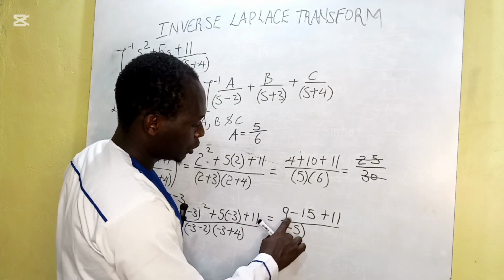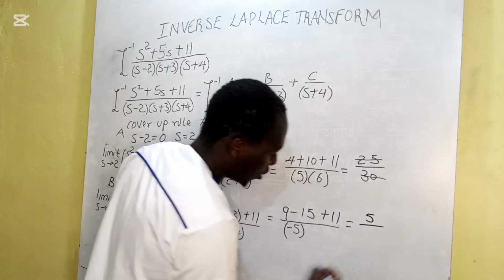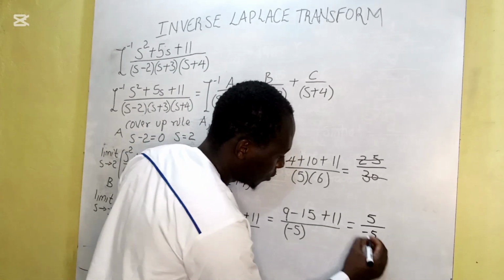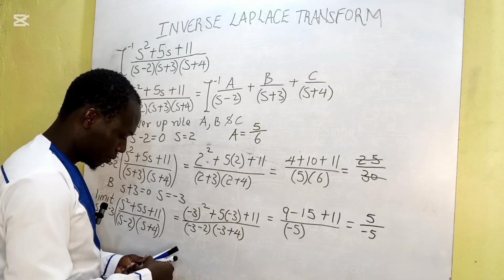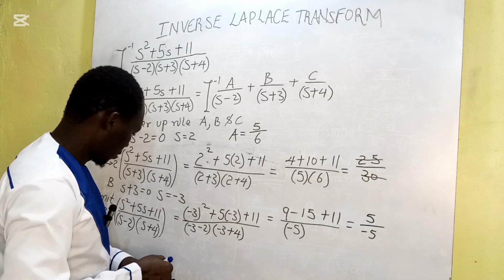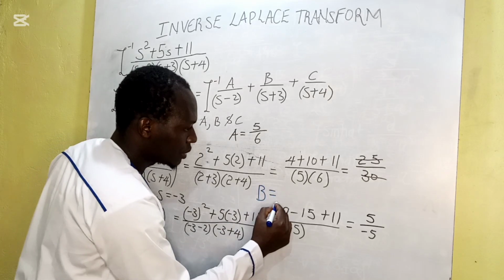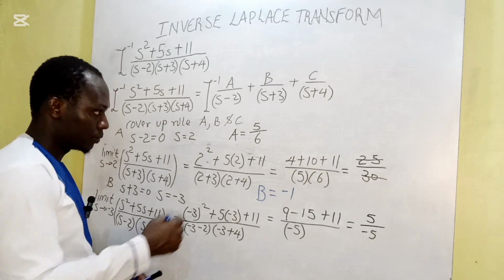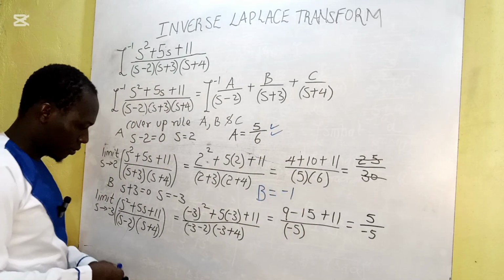Now on the numerator we are going to have 5 all over negative 5, to mean that the value of B is now equal to negative 1. This was the value of A, the value of B.